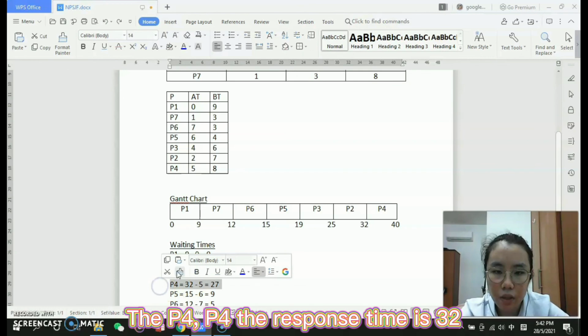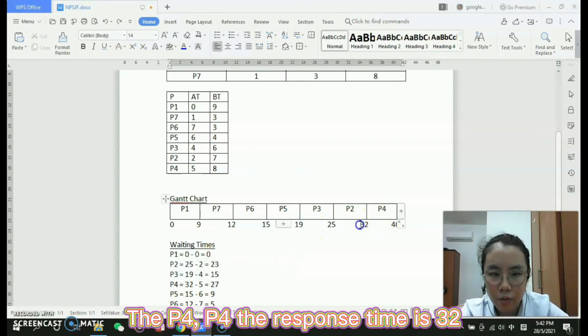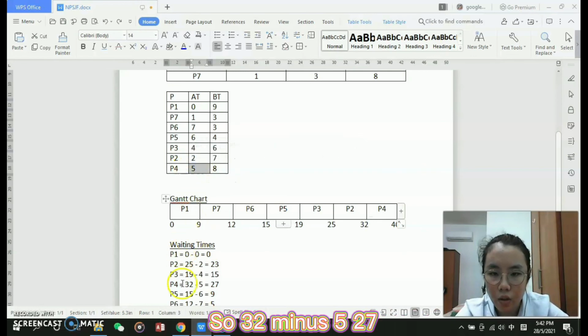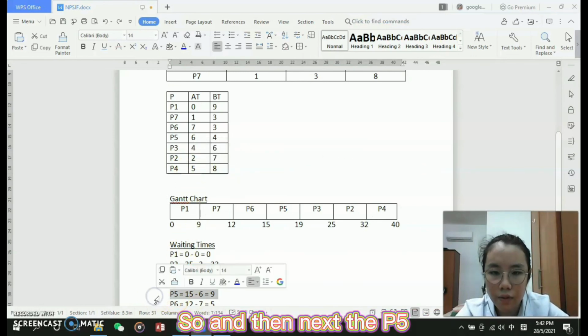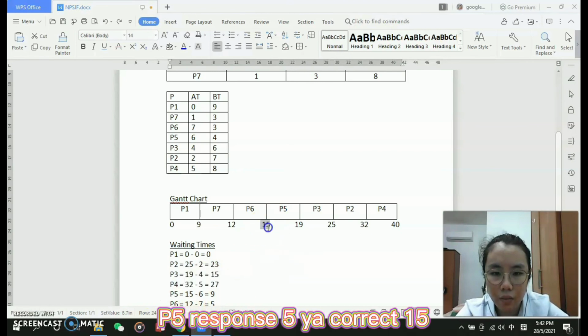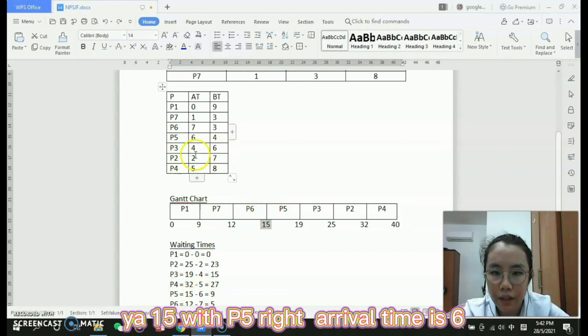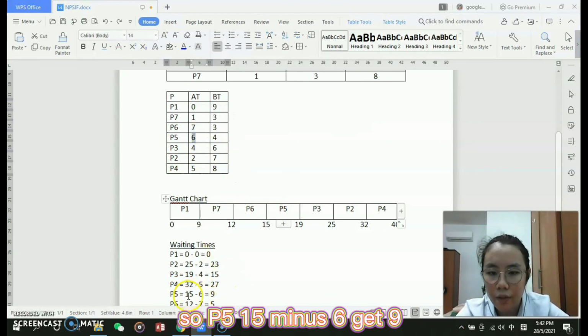Then P4 response time is 32, and the arrival time is 5, so 32 minus 5 is 27. P5 response time is 15, arrival time is 6, so 15 minus 6 gets 9.